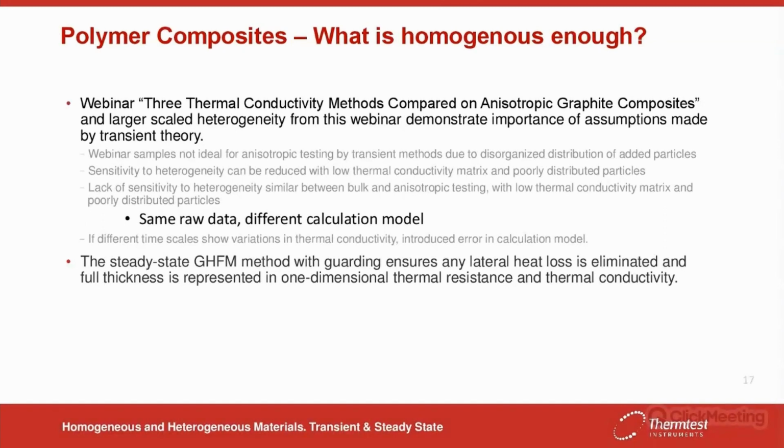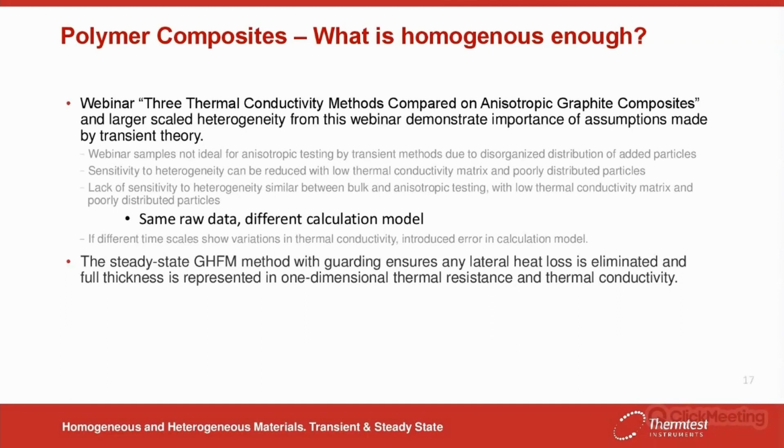What is the magnitude of that error? That is a very complex question, and it really comes down to the trends we're seeing: the larger the particle, and the higher the thermal conductivity of the particles introduced to your matrix, the higher the potential error, especially if those are not well organized and well dispersed.